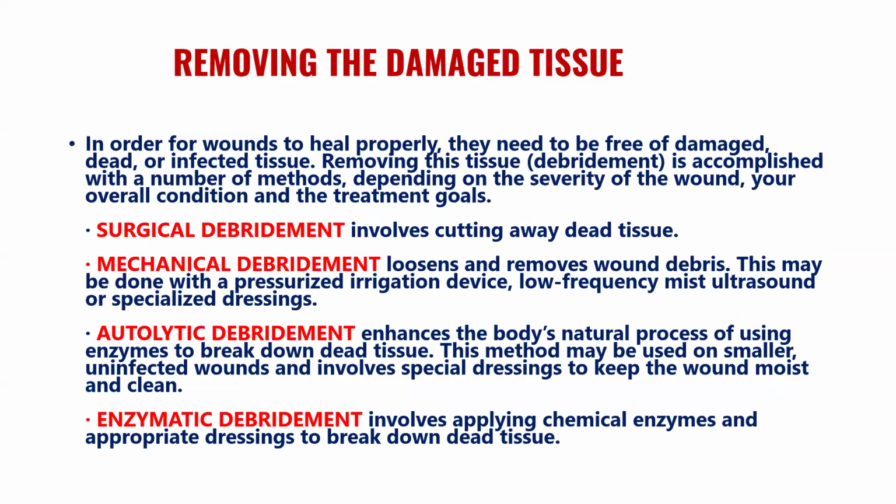Removing the damaged tissue is the third category of treating pressure ulcers, and this is done through surgical debridement, mechanical debridement, and this is usually done through a pressurized irrigation device, or autolytic debridement using enzymes to break down the dead tissue.